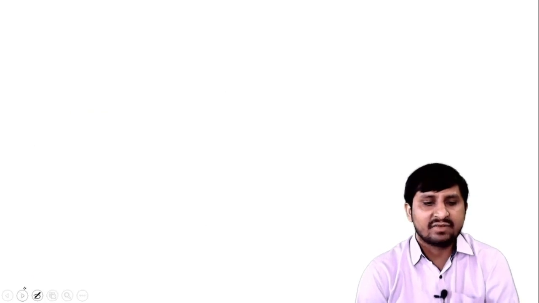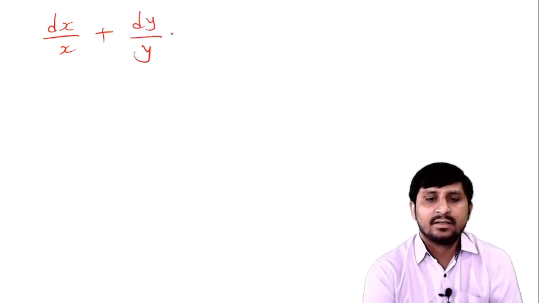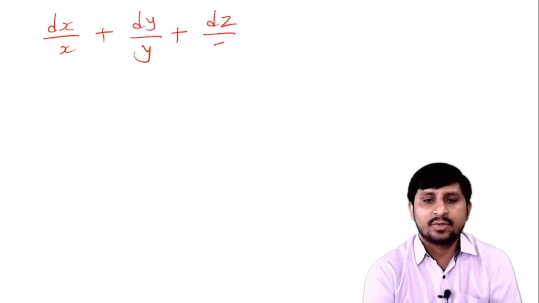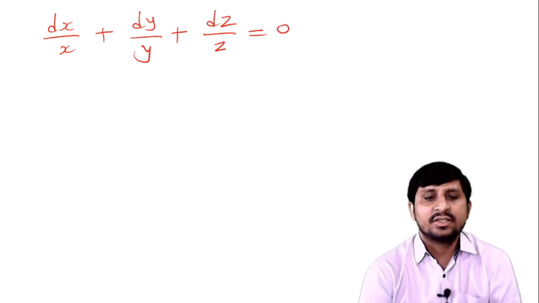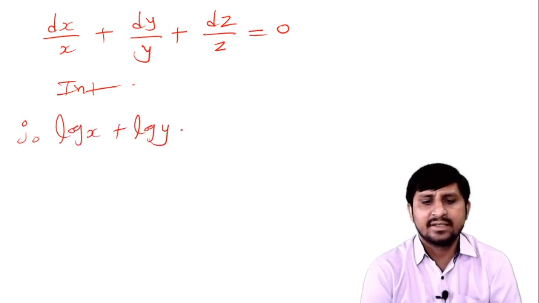That's why I can write dx upon x plus dy upon y plus dz upon z equal to 0. Now when we integrate this equation, we have log x plus log y plus log z equal to log c2.